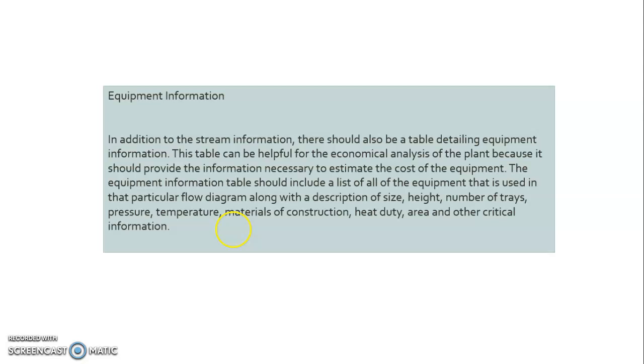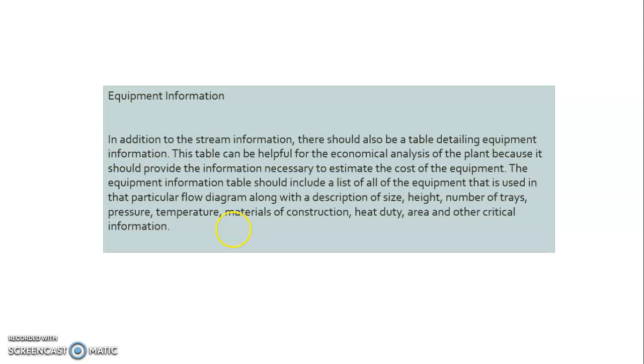The price is different. Okay, the equipment information table should include a list of all the equipment used in the particular flow diagram, along with a description of size, height, number of trays, pressure, temperature, material of construction, heat duty, area and other critical information. It means you must provide a table that includes this information, so that we can calculate.